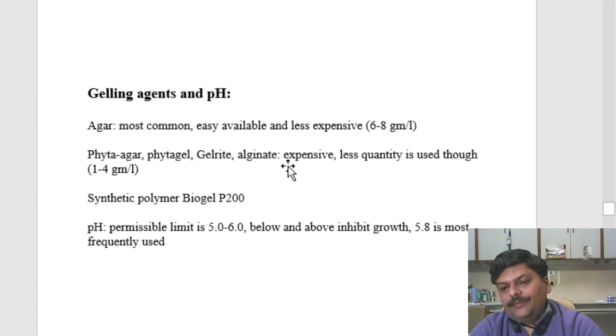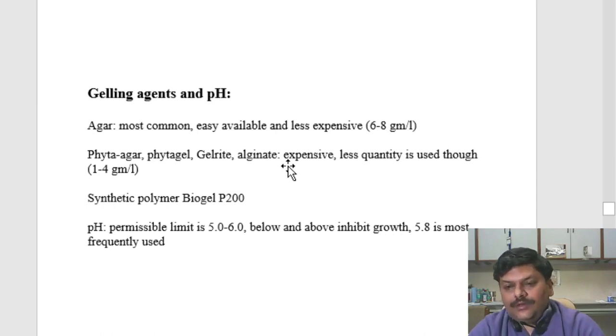It is made by certain sea algae, and it's white in color, and it is completely non-reactive. It is just used for the solidification of our growth media. If we do not provide gelling agent, then the nutrient media remains in liquid form. When we provide gelling agent, then our nutrient media becomes solidified.